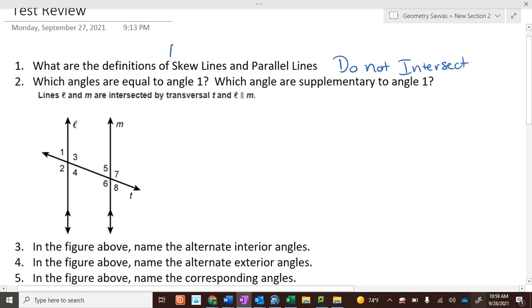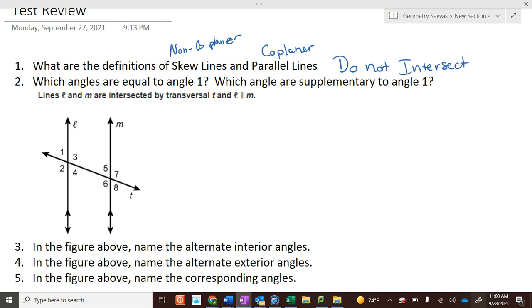These are non-coplanar, and these are coplanar. So skew lines are non-coplanar lines that do not intersect, and parallel lines are coplanar lines that do not intersect. Okay? So you kind of need to know what's going on there.